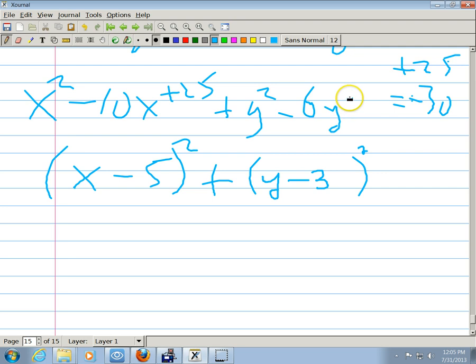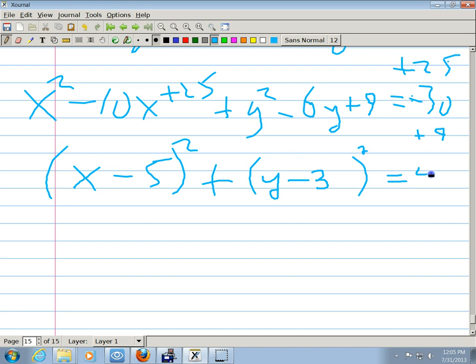Plus 9. And again, the plus 9 wasn't part of the problem. So when I replace this with this, I'm effectively adding 9 to the left-hand side of the equation. I better add 9 to both sides of the equation. So what do you get over here? Don't you get 4? 25 minus 30 is negative 5, plus 9 is 4.